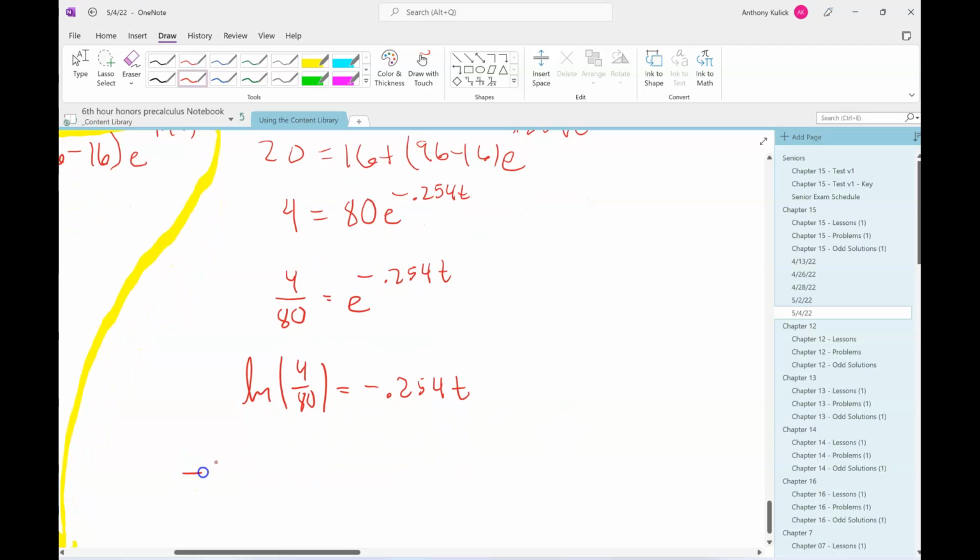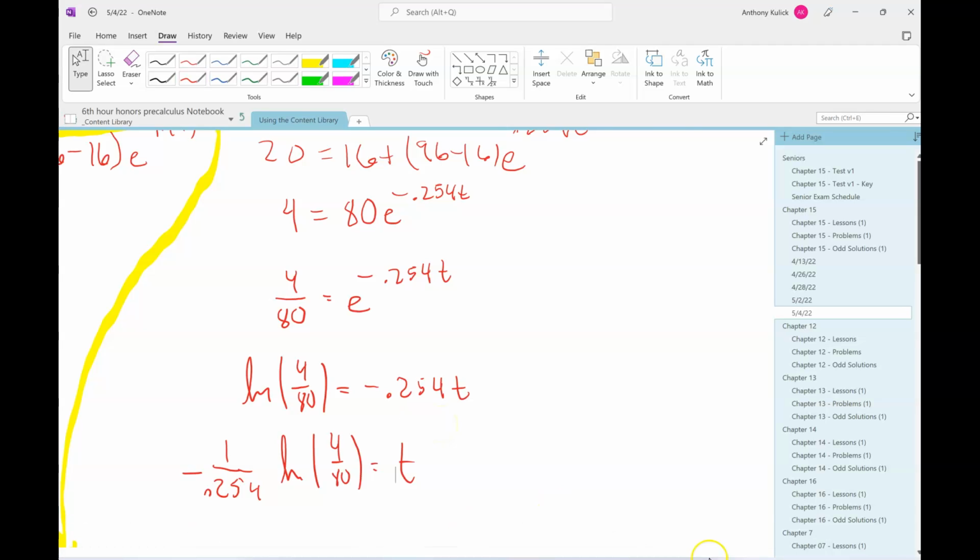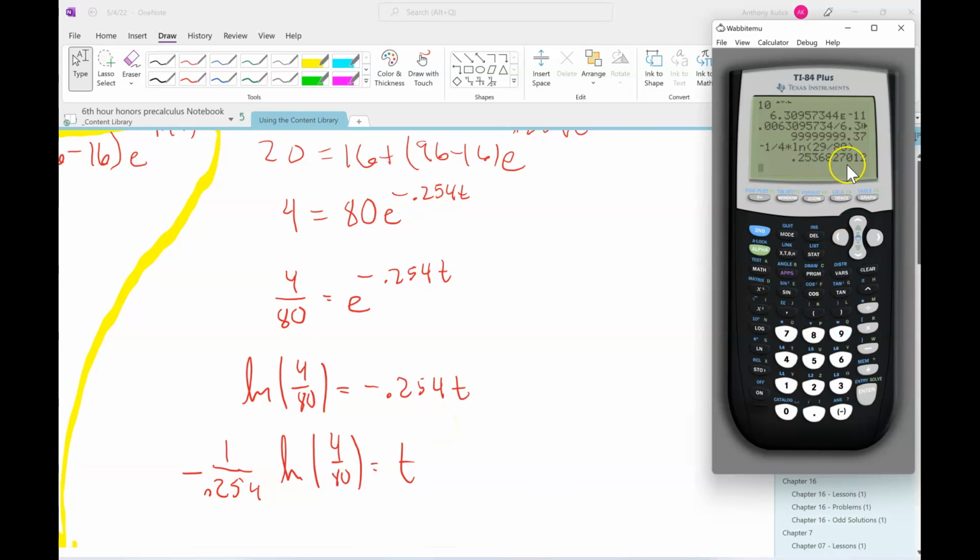And then divide by the negative 0.254. I'm going to be a little bit careful here because I'm going to use my whole decimal point for the K when I type this into my calculator.